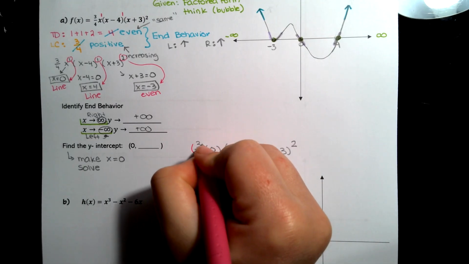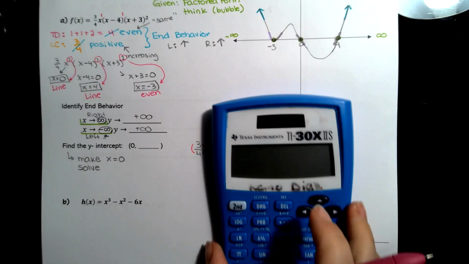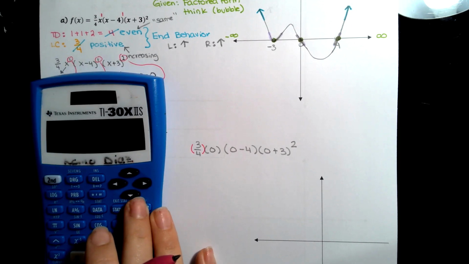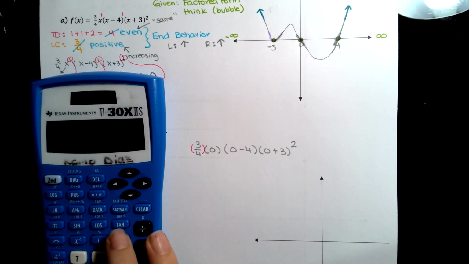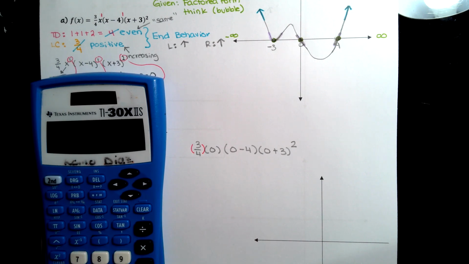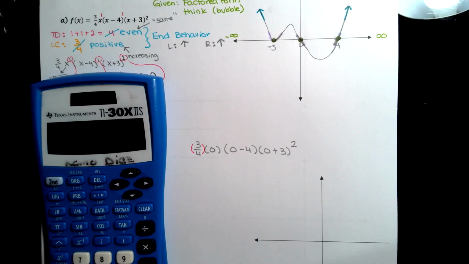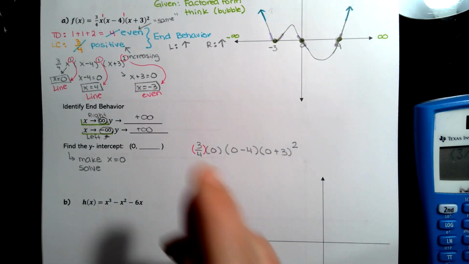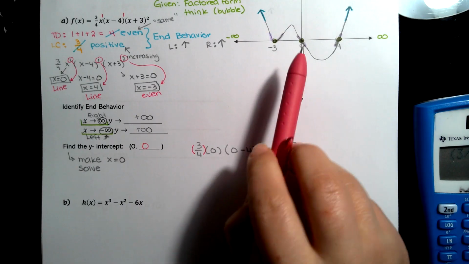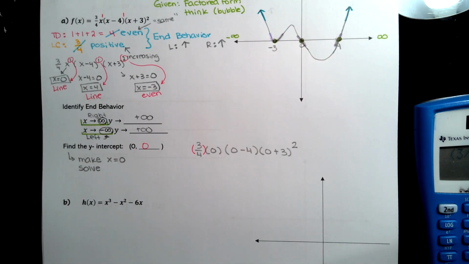The one way that this could give you a wrong answer is if you don't put parentheses around your fraction. So open 3 over 4, close it, times 0, (0 minus 4), (0 plus 3), square it, and we get 0 as our answer. We can also see here that this is our y-intercept.